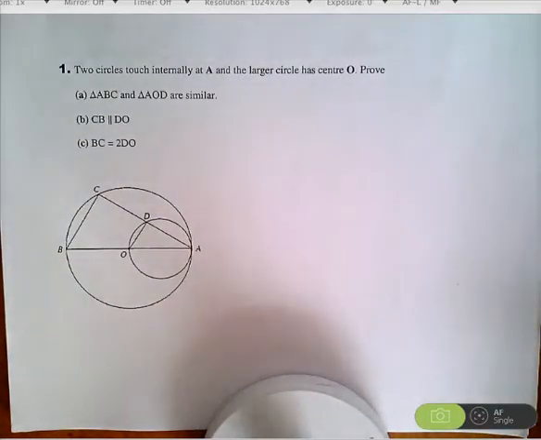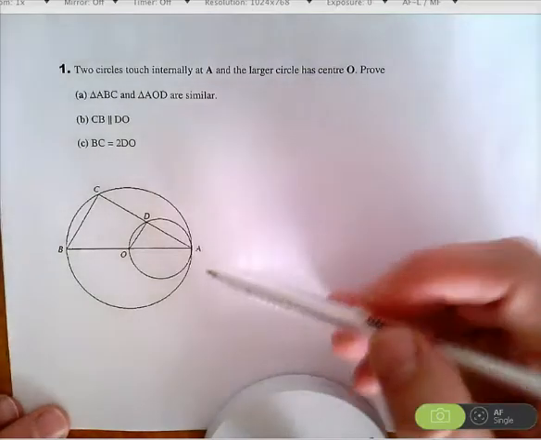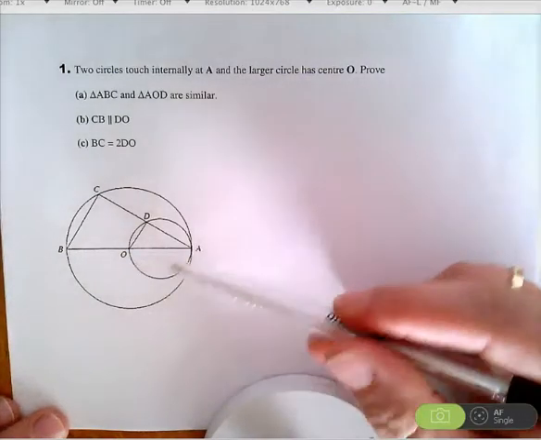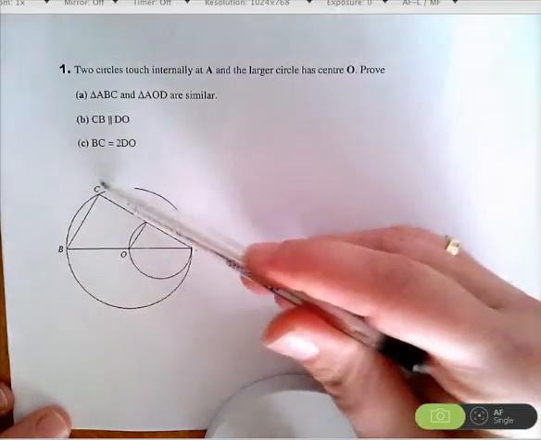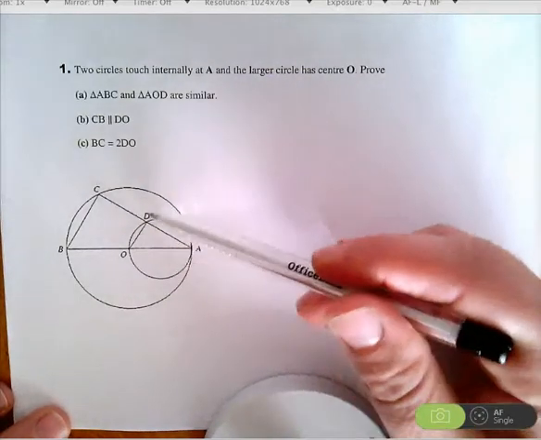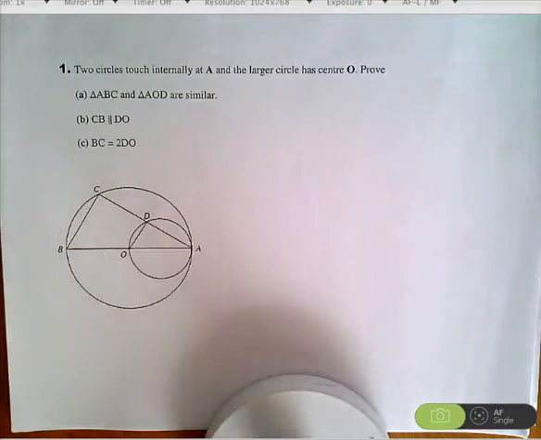Now these two circles touch internally at A, and the largest circle has centre O. So we have to prove that triangle ABC and triangle OAD are similar.